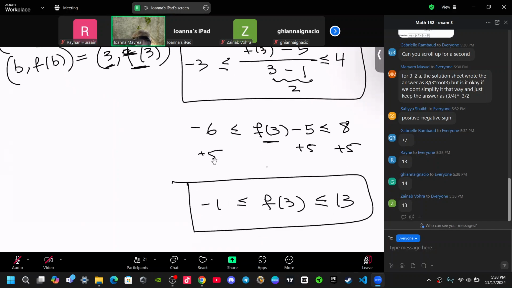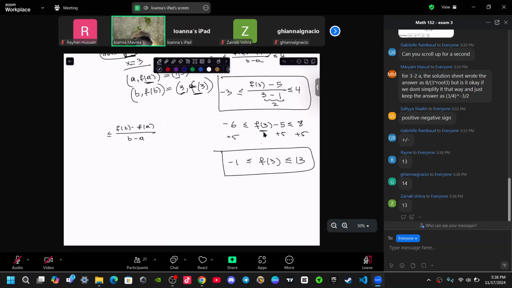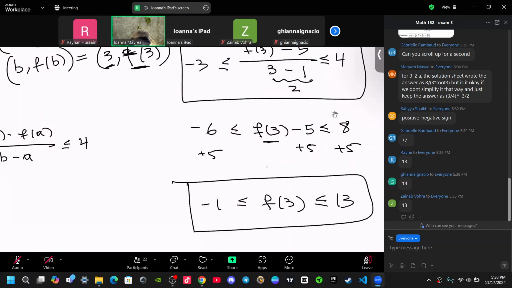You do the same thing with the other point. Again, you have f(b) minus f(a), over b minus a, which is a number between -3 and 4. And again, they gave you the point (1, 5). That's one point. It can be your b, f(b), or a, f(a). Doesn't matter. It's up to you. And the other point has x coordinate -2, just for fun.